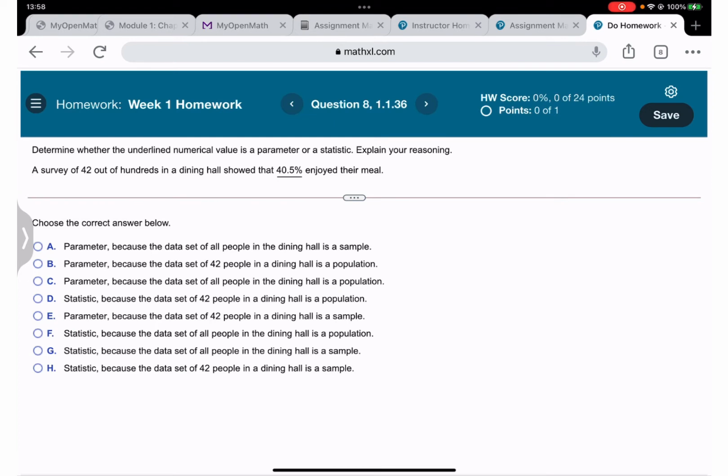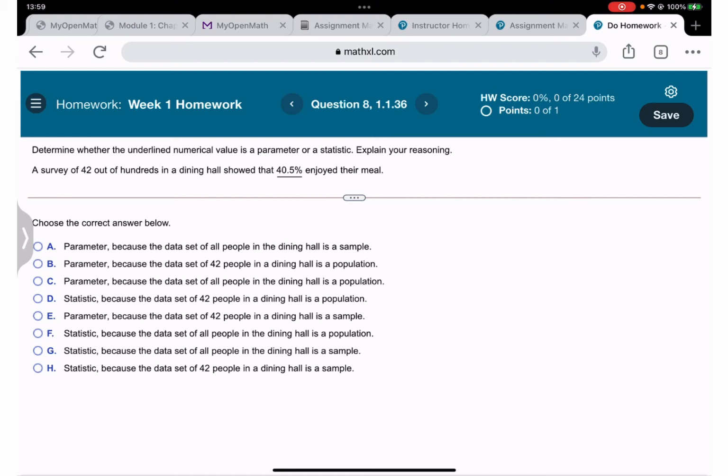Determine whether the underlying numerical value is a parameter or a statistic. We need to find out whether this 40.5% is a parameter or a statistic. A survey of 42 out of 100 in a dining hall showed that 40.5% enjoyed the meal. So 40.5 out of the total amount, right?